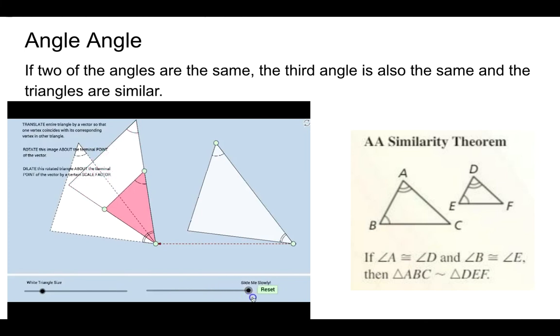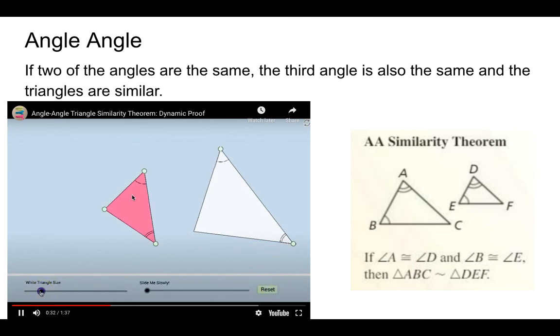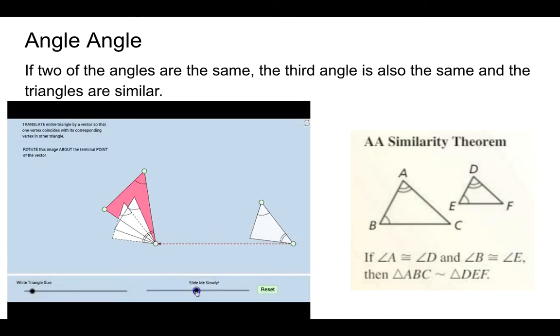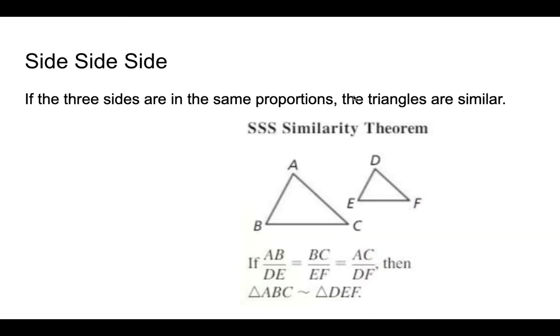And we can dilate, we can shrink that other triangle to perfectly fit on the pink one that we started with. So this shows that starting with two angles that are exactly the same, as long as we line them up, then we can show that the triangles are similar. So angle-angle is one way that we're going to be able to do that.